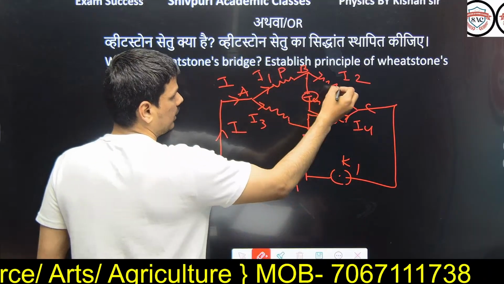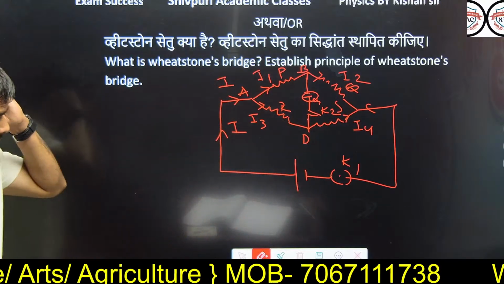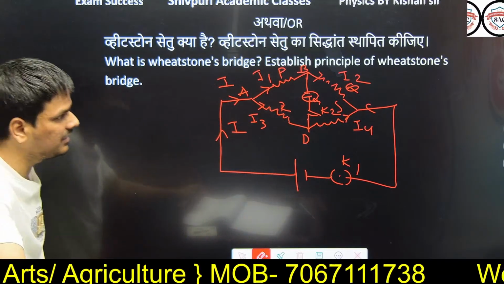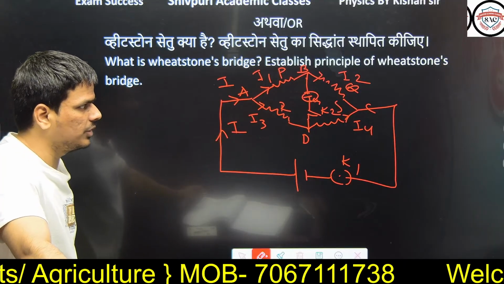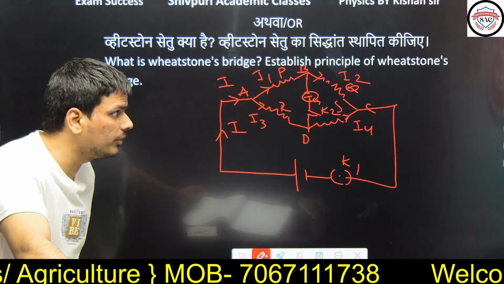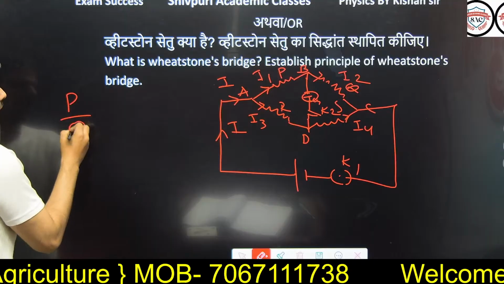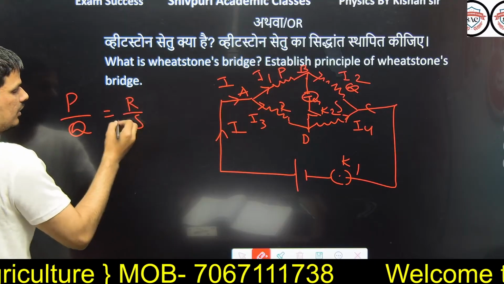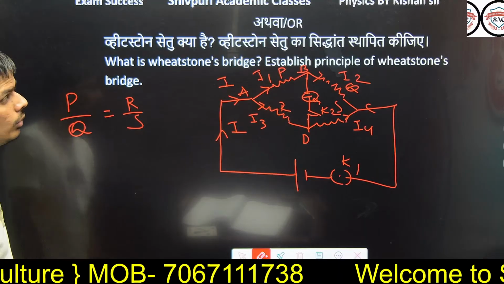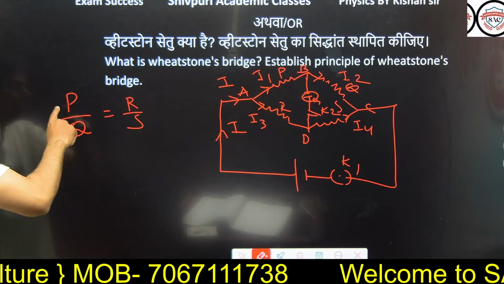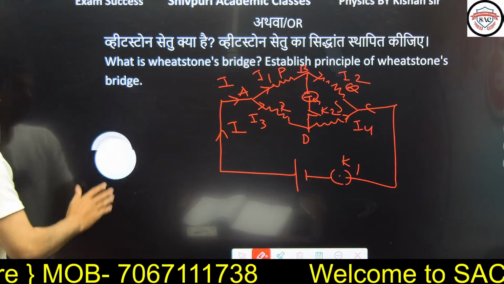We could term the resistances P, Q, R and S. The principle of the Wheatstone bridge is that the ratio of the adjacent resistances should always be equal to the ratio of the other adjacent resistances. So we could write it like this, P upon Q equals R upon S. We need to establish this principle of the Wheatstone bridge, so we are going to prove it.